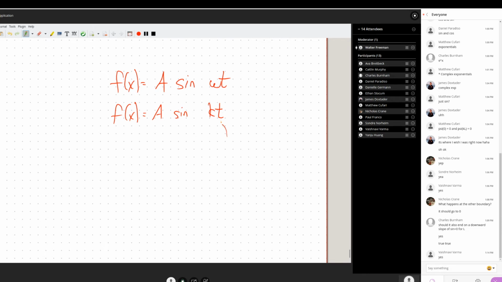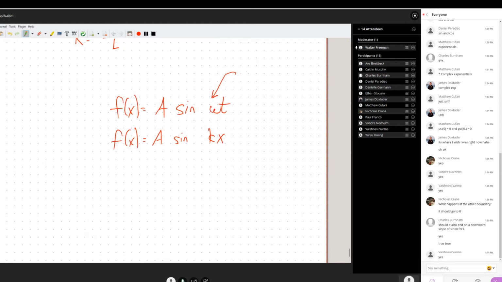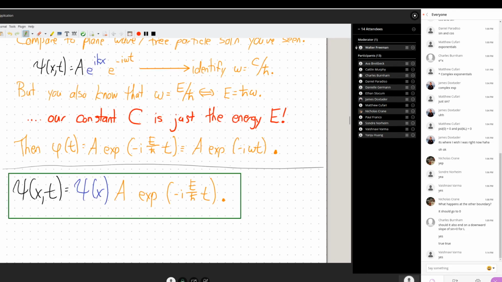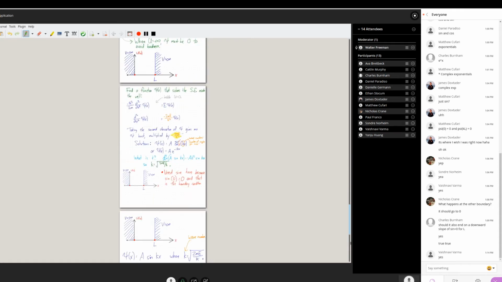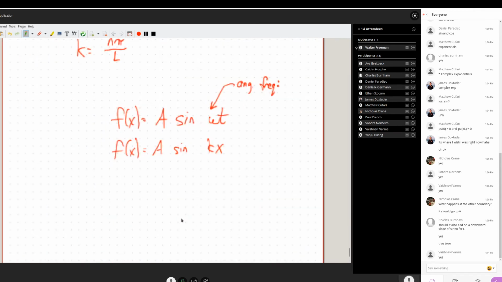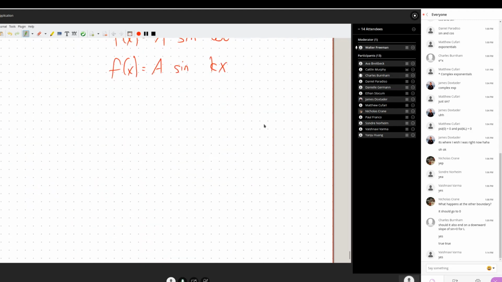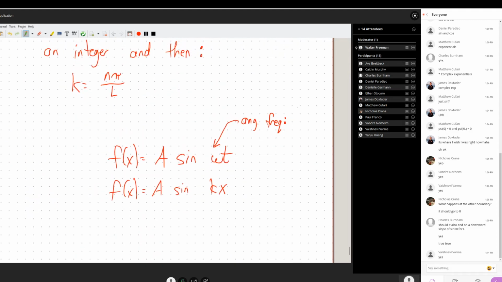And kx. The reason we use omega and k here is that omega is an angular frequency. That's what we use that letter for, and its units are something like radians per second.